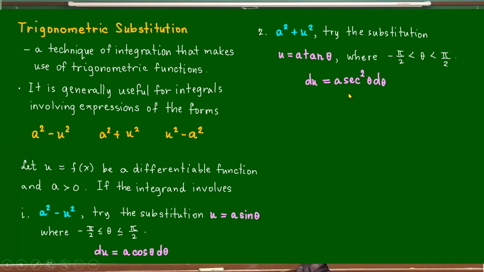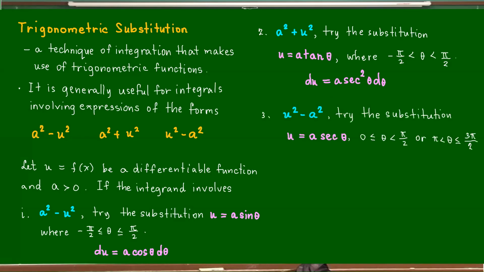Then du is equal to a secant squared theta d theta. And the last one: if the form involved is u squared minus a squared, try the substitution u equals a secant theta.